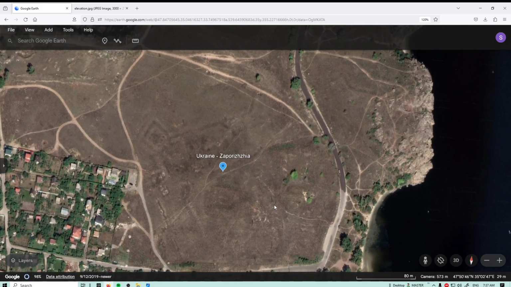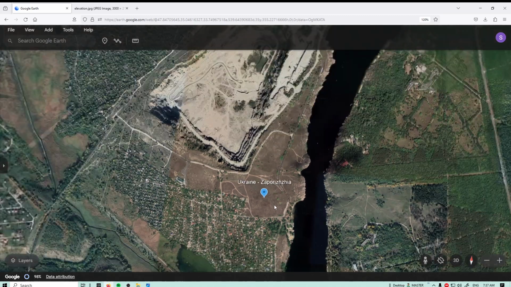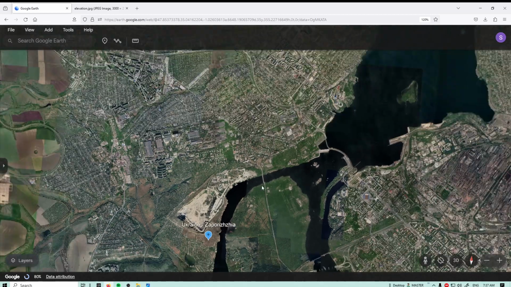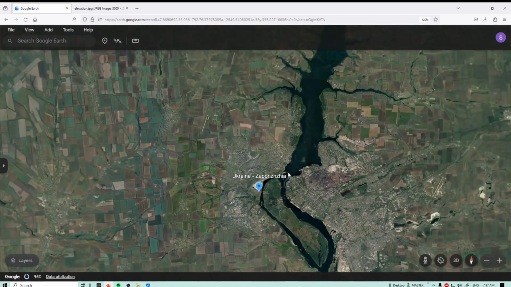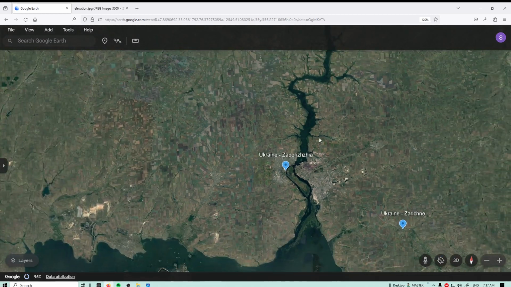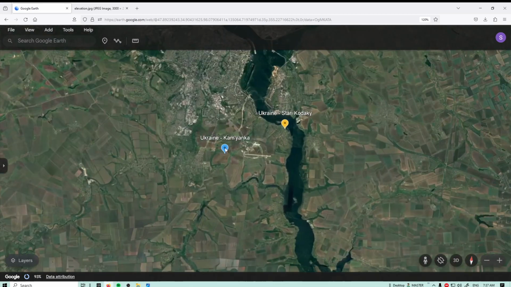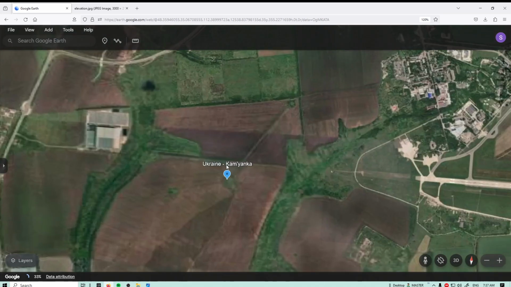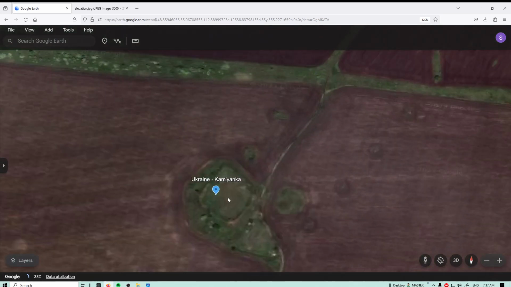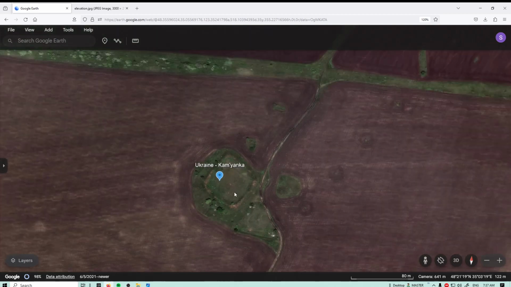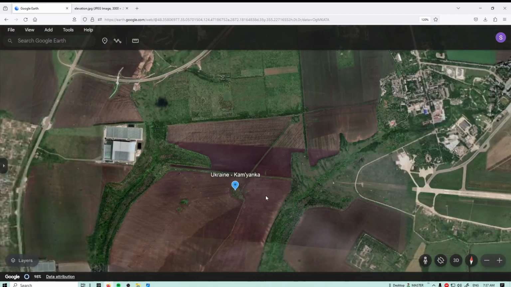Traces. Oh, there's a mine. There are mines very often around those constructions. Okay, this one here. Oh, that's just leftovers.